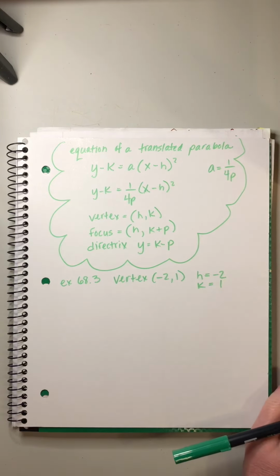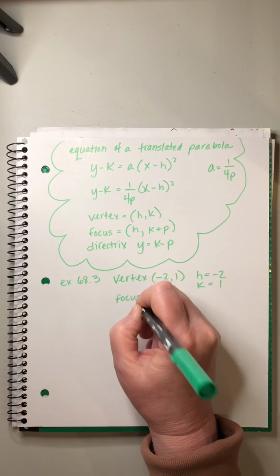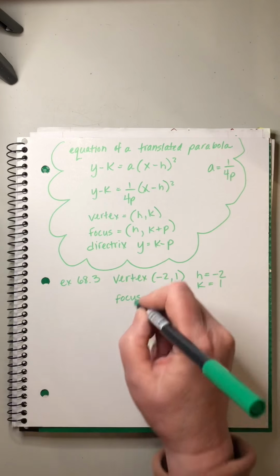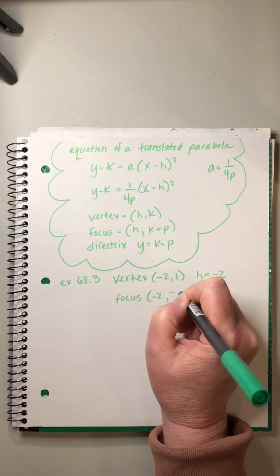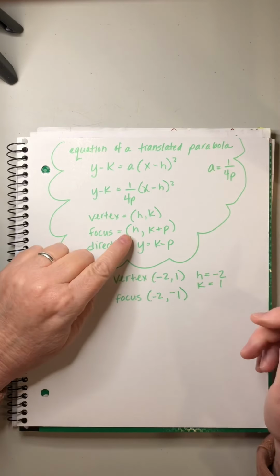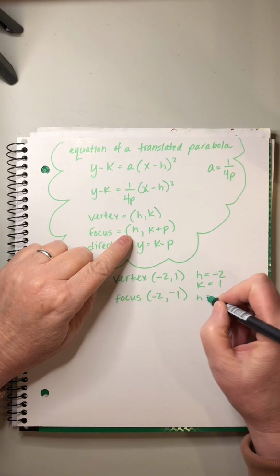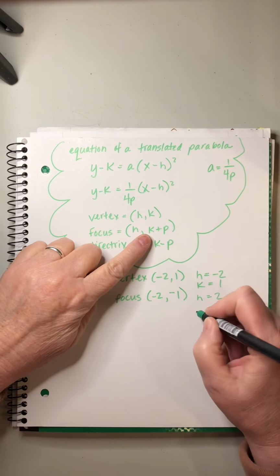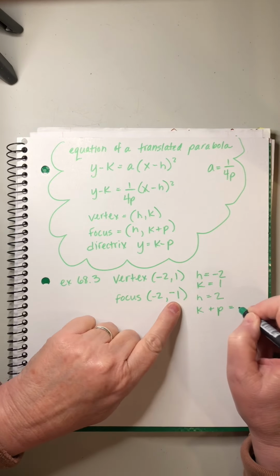And a focus of (-2, -1). Let's see, what does the focus tell us? The focus tells us that h is -2, we already knew that, and it tells us that k plus p equals -1.